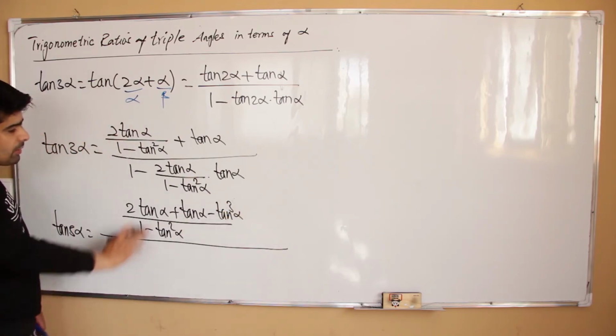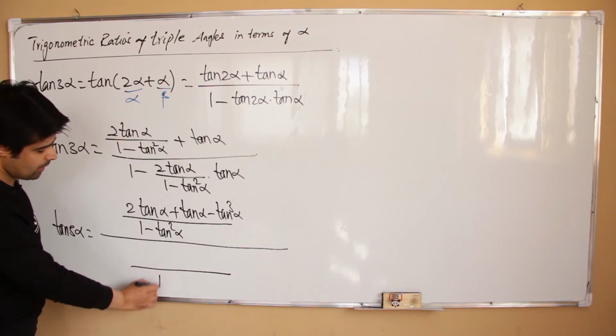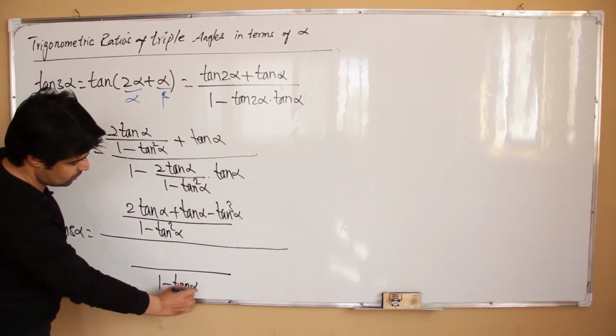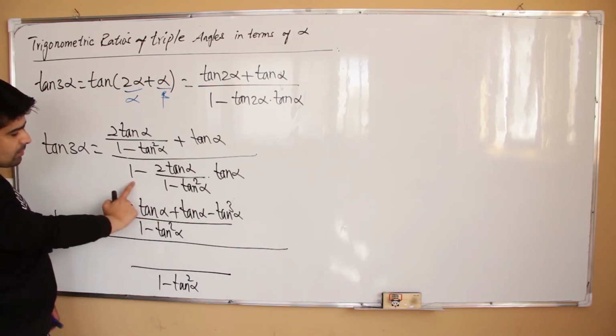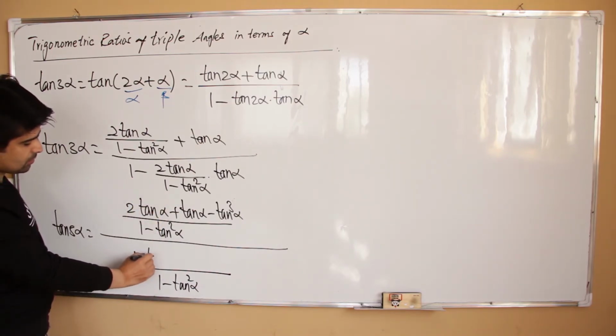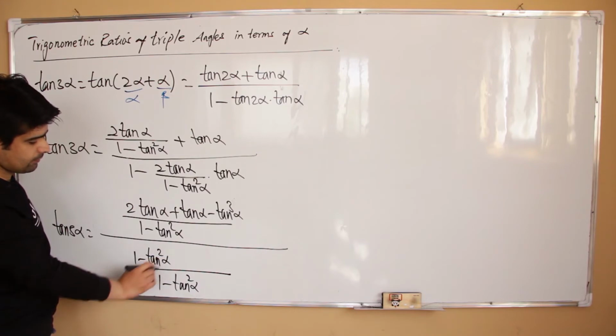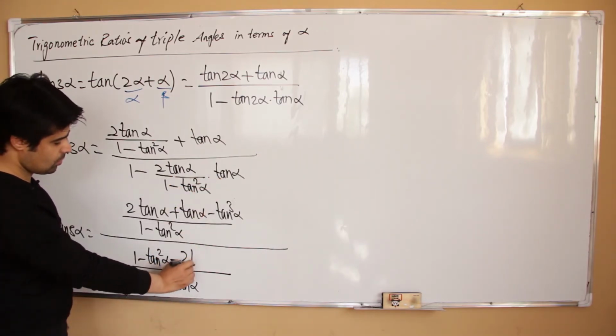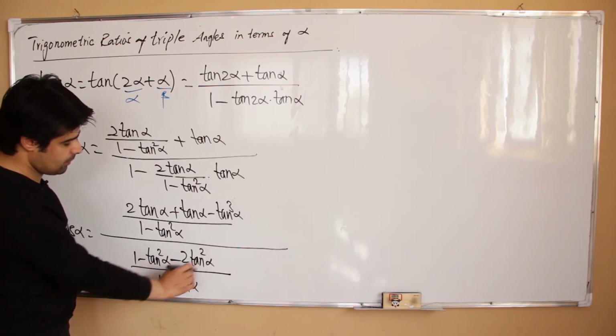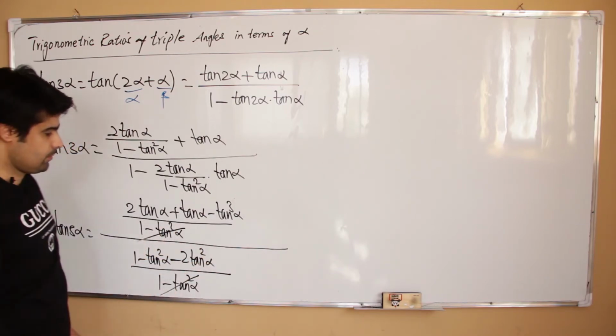Now once again 1 minus tangent square of alpha, so 1 times the 1 multiplied with this one, 1 minus tangent square of alpha, minus 2 tangent with this tangent, it is 2 tangent square of alpha. We can cancel this one.